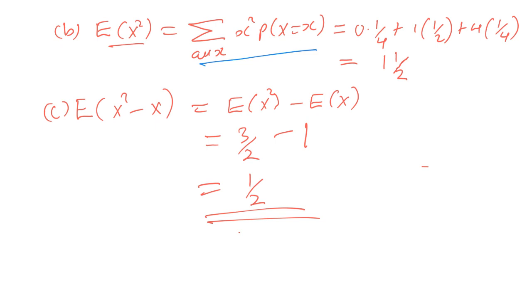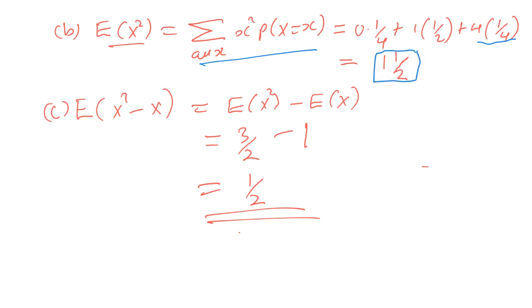So 0 squared is 0 times the probability, which is a quarter, plus 1 squared is 1 times the probability, which is a half, plus 2 squared is 4 times the probability, which is a quarter. So 1 times a half is a half, then 4 times 1 over 4 is 1, and therefore it gives us the answer as 1 and 1 over 2.